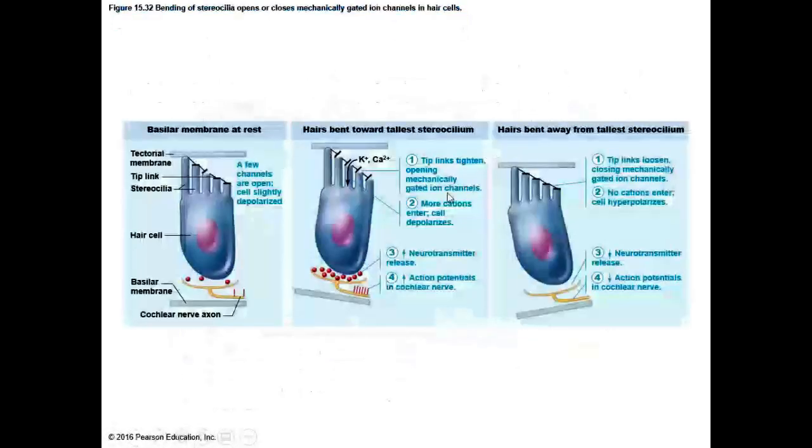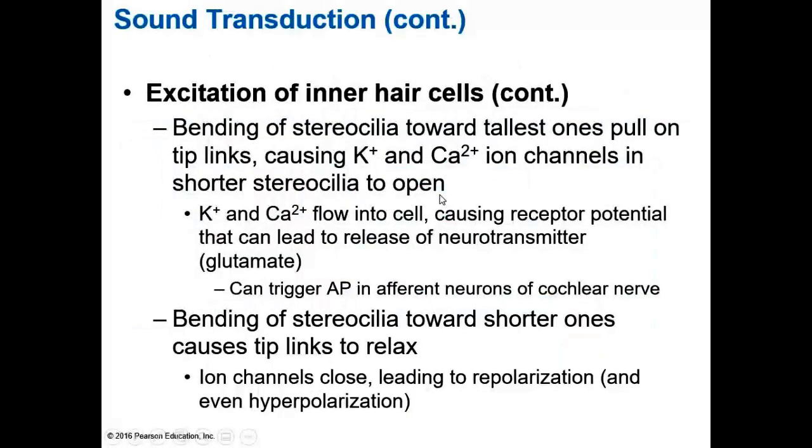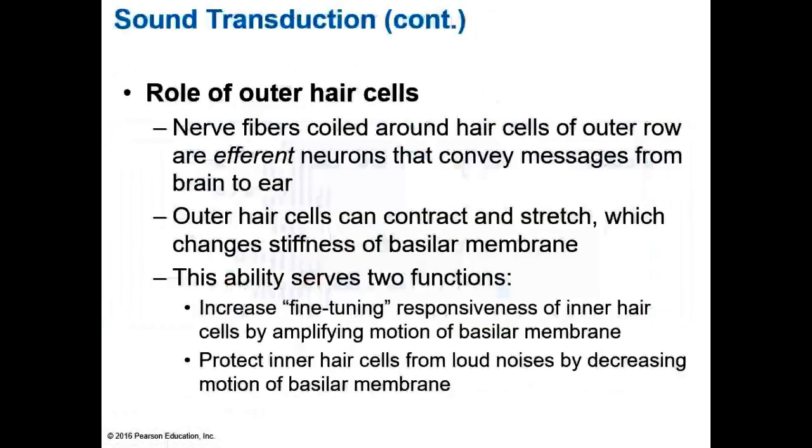Now the outer hair cells, the role of the outer hair cells is a little bit different. They fine-tune the responsiveness of the inner hair cell, and they protect inner hair cells from loud noises by decreasing the motion. So what is thought is that the outer hair cells have a little bit less to do with hearing than the inner hair cell.